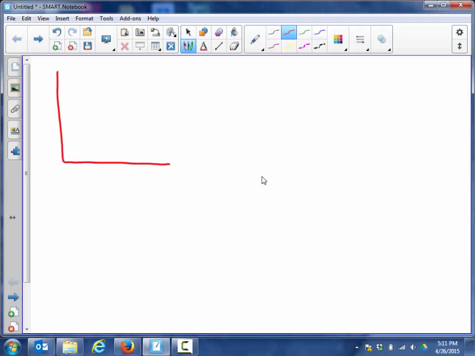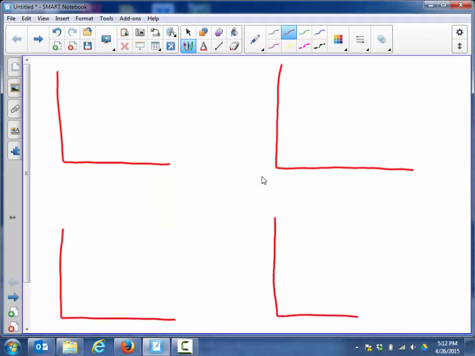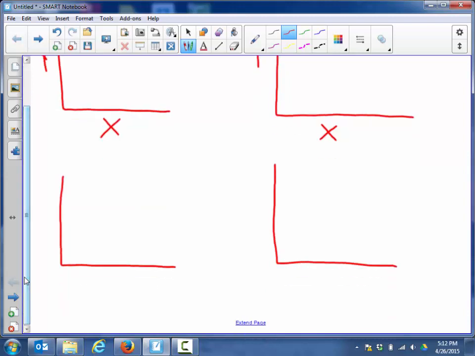Okay, so I'm going to draw 4 scatter plots here so we can have a few things to reference. And for each, we'll draw an x and a y axis, or variable name, on those axes. X, y, x, y, x, y.